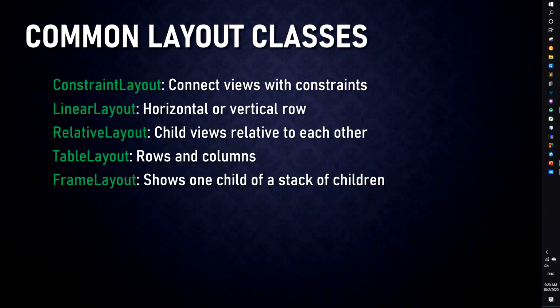That kind of layout is provided by frame layout. So it only shows one child of the stack. There are other views inside, but it only shows one. Then you can swipe to the left or right to see other views. That's why we call this a frame layout.